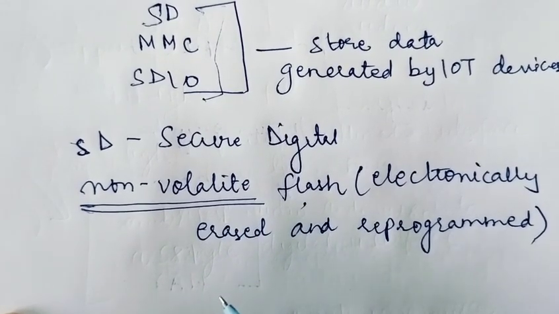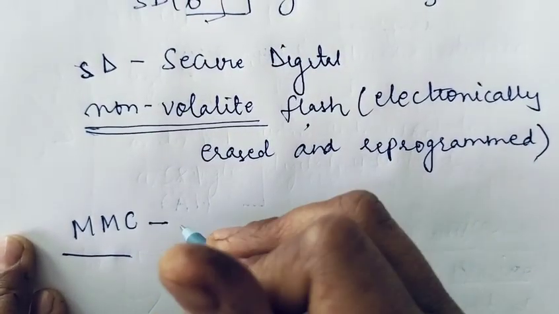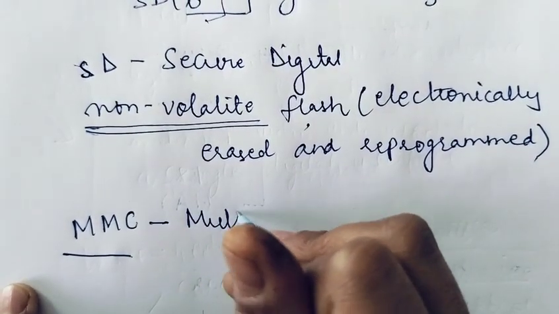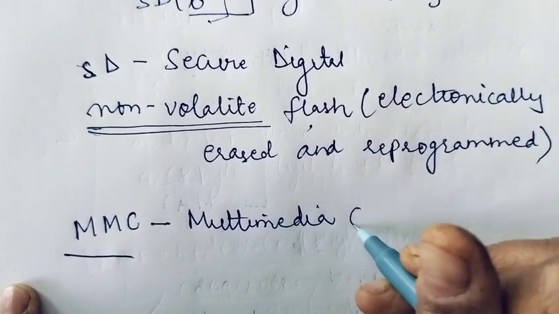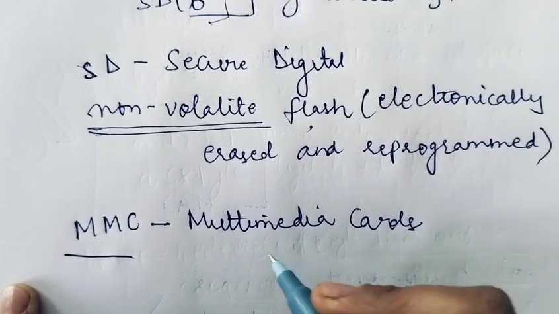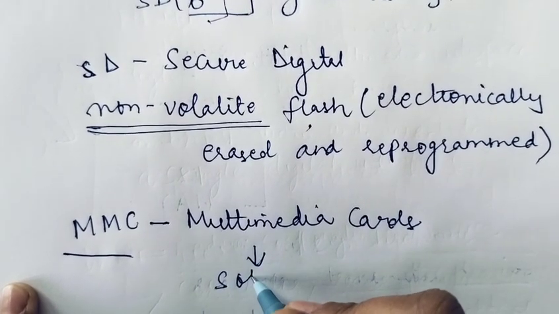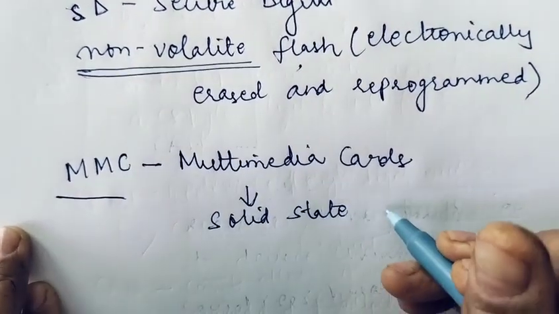Next is your MMC cards. So what is an MMC card? An MMC card stands for the multimedia cards. So multimedia cards are used for solid state storage.